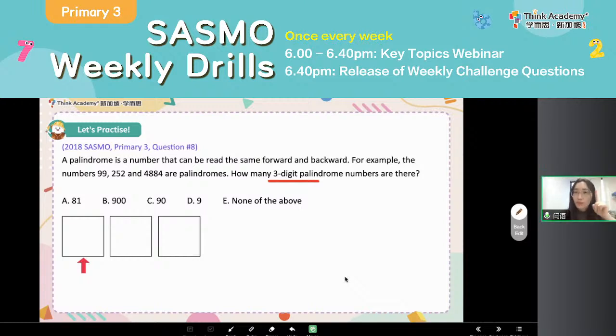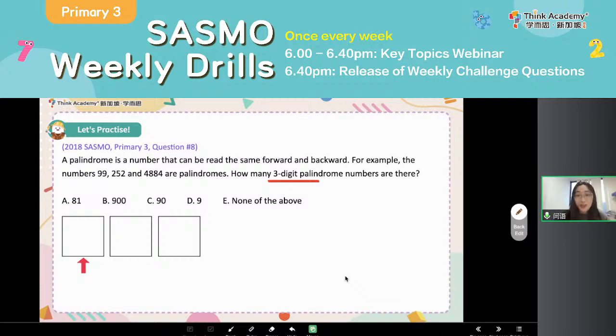Cannot. So how many choices do we have for the hundreds place? Think about it. All together, we have 0, 1, 2, 3, 4, 5, 6, 7, 8, 9, right? And you cannot put a digit 0 in the highest place. That means how many choices do you have?